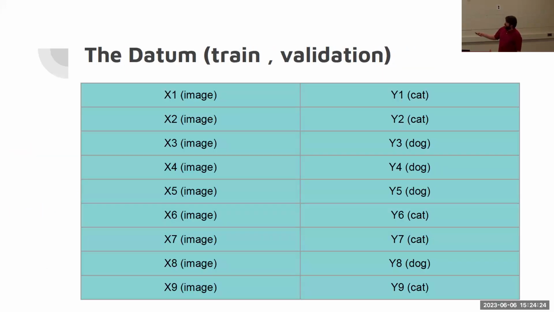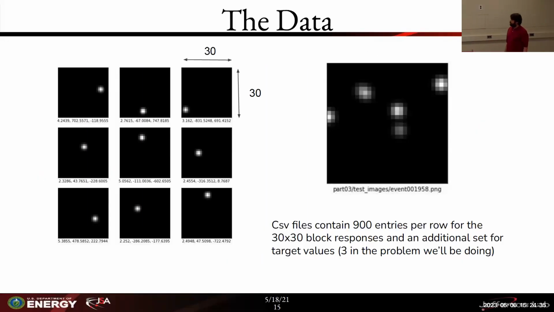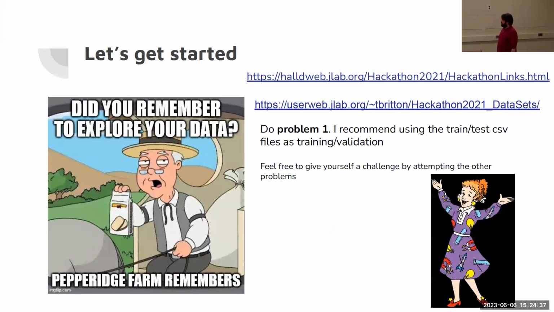You have 900 columns which represent the images, and a 3 vector that represents your labels. So that's what we're going to do. It's not a lot to go off of. It's fine. It'll make sense.